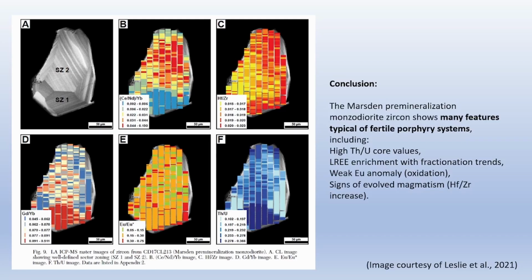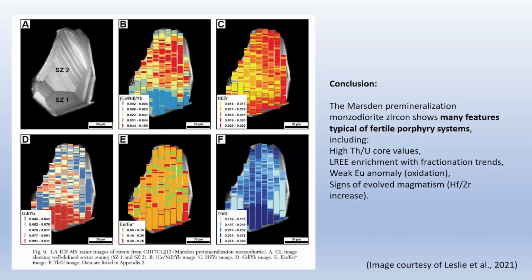In panel E we have europium ratios, and we are looking at the europium anomaly. This ratio tells us how much europium plus 2 got pulled into plagioclase during crystallization. In oxidized magmas, europium stays at europium plus 3, and it's less likely to get trapped in early plagioclase crystals.